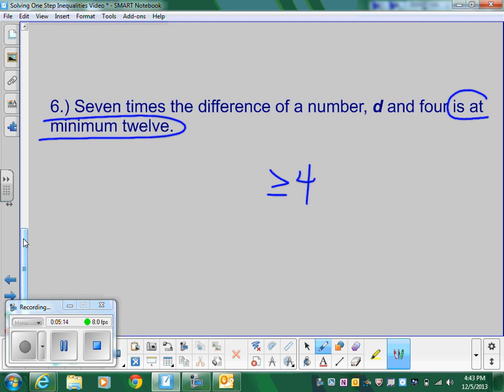We have 7 times the difference of a number d and 4. This is one of those situations where we have a multiplication times an operation, which is why we need our parentheses in this case.